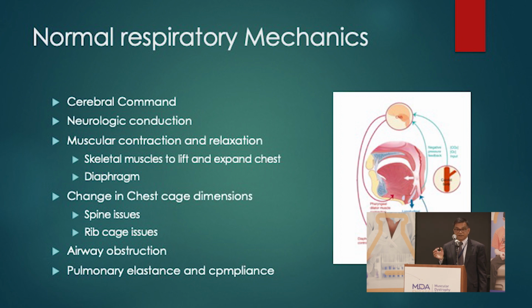The third component is that while this negative pressure is being generated, the airway is dilated and open because it requires the tongue to be out and then the pharyngeal dilator muscles to keep the airway patent and open. And this is also, again, a neuromuscular phenomenon. The next component is, while this is happening, there should be the least obstruction in the airway.